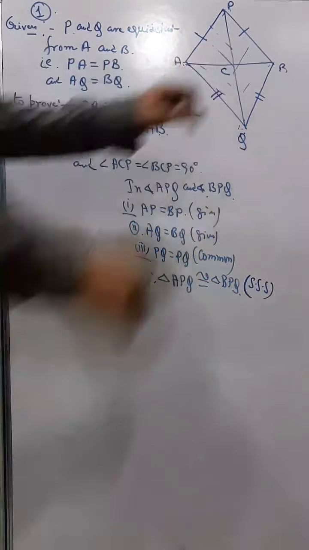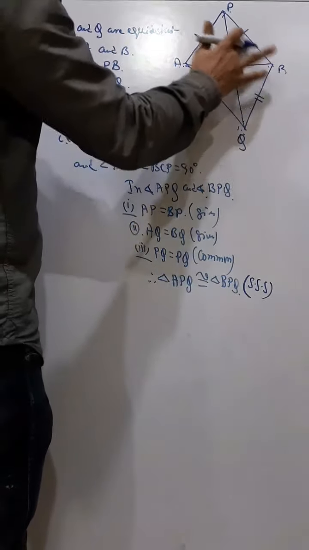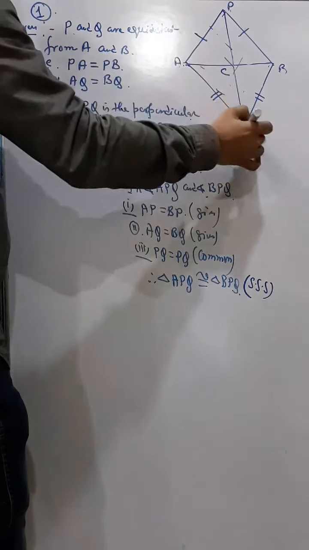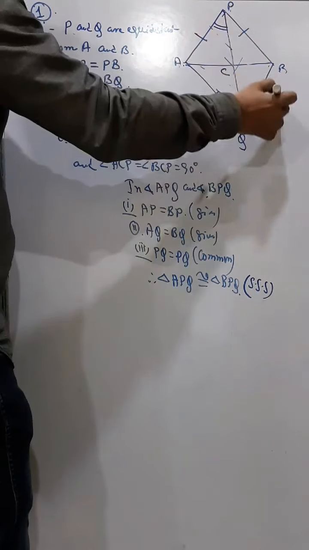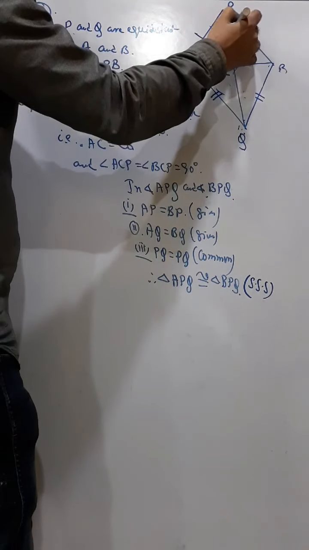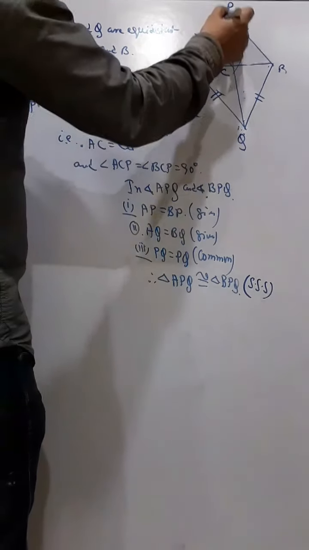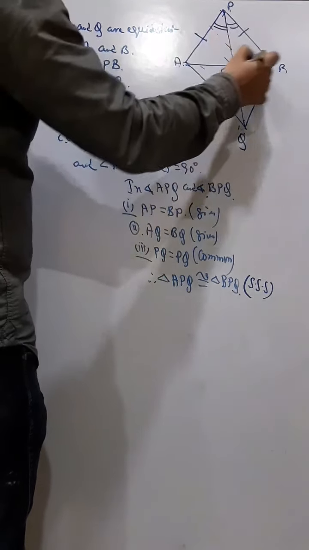Now since we have proved that these two triangles are congruent, I can say that in this triangle this angle and in that triangle this angle will be equal, right? And now we can prove this triangle and this triangle congruent.